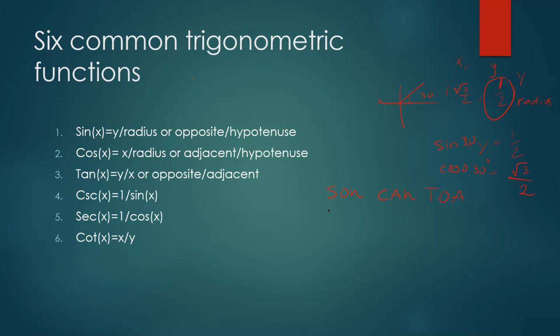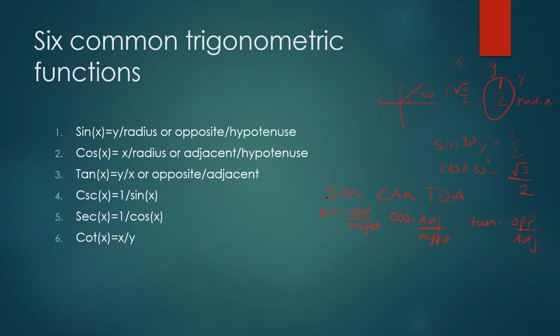So sine is also opposite over hypotenuse, right? Cosine is the same thing as adjacent over hypotenuse. And then tangent is opposite over adjacent.